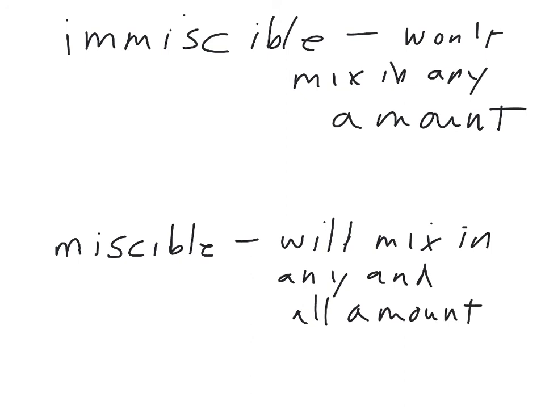We know that you have some alcoholic beverages where it's 1 to 2% alcohol and 98% water. Then you have other alcoholic beverages that are the opposite, right? It's 90% alcohol and 10% water. So you have miscible and immiscible.